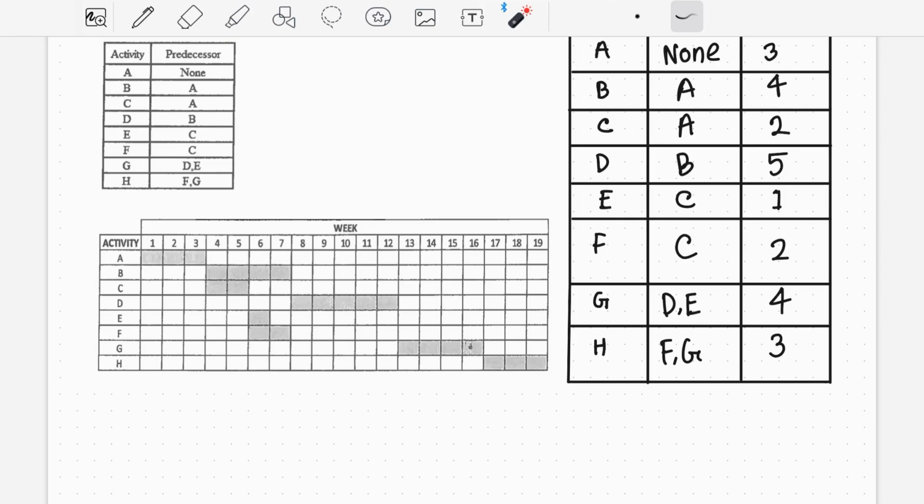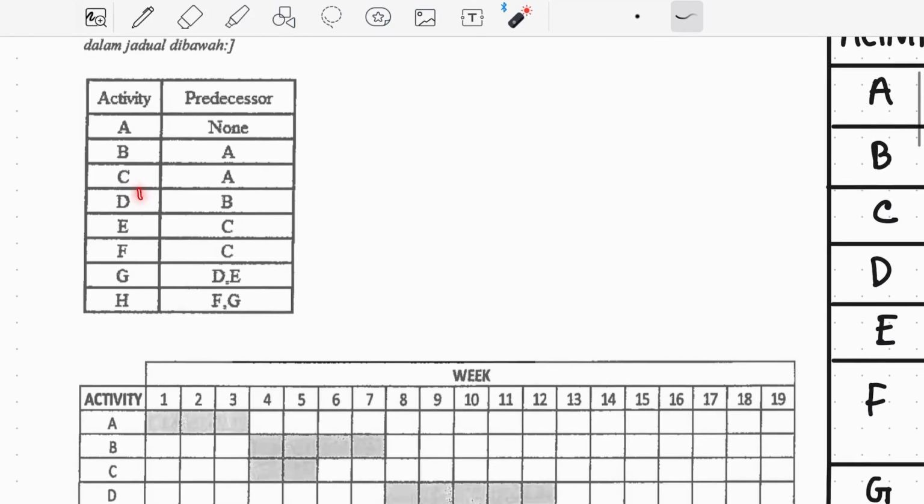So A is the starting activity, which means it doesn't have any predecessor. For B, B will start when A finishes. In the same way, C will start when A finishes, and you can see the D activity will start when the B activity finishes.